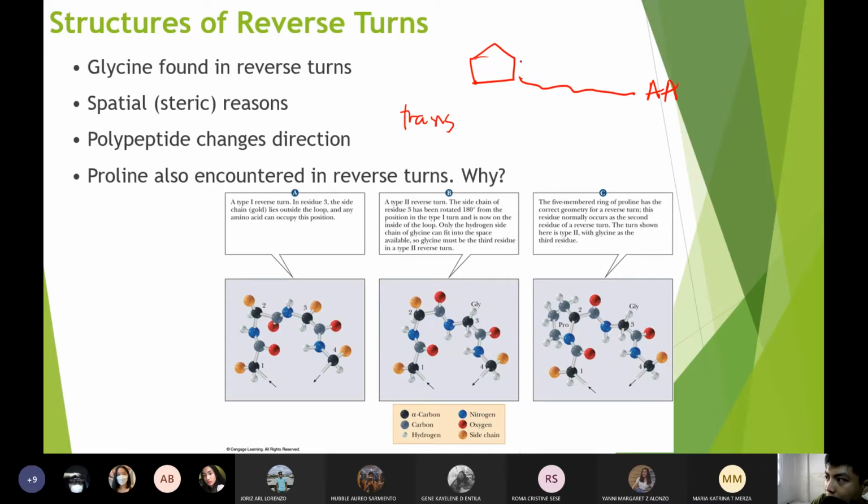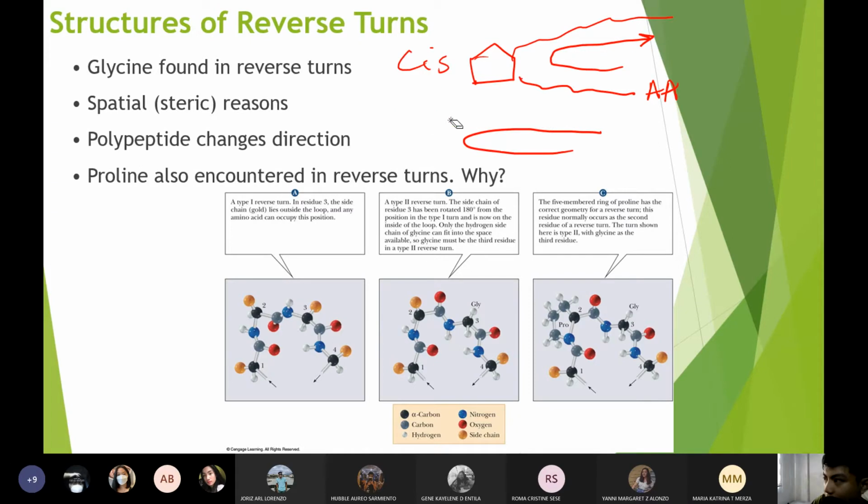If you have a cis proline, it can actually conform to the cis configuration and that causes your beta sheet to fold like that. Okay? Now, gaganon yung ating beta sheets. Okay? And this is common for anti-parallel. Okay? For the anti-parallel beta sheets. Okay? Usually may cis pagdating dun sa turn na yan. Okay?